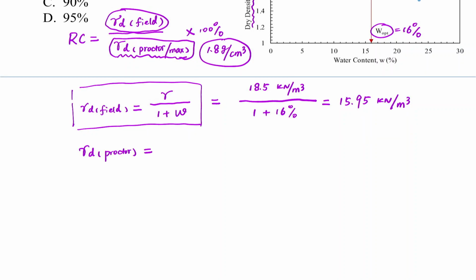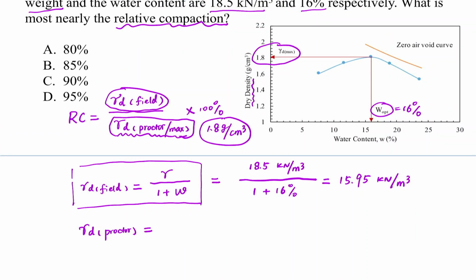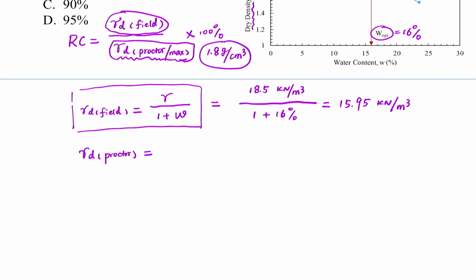Well, again, we only have the density. The density is 1.8. So we have to figure out a way to convert that 1.8 to a unit weight. That 1.8 grams per cubic centimeter, this is basically the density. That is 1,800 kilogram per cubic meter, right?